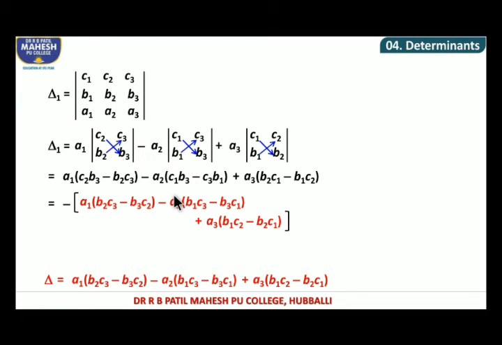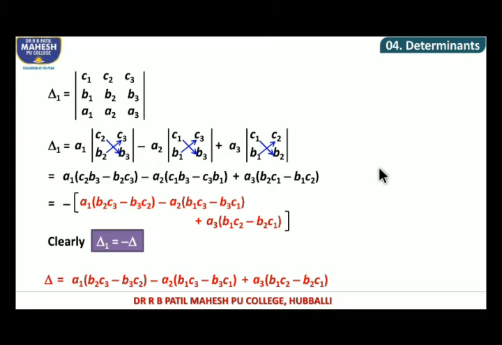Both are looking the same except this minus sign. So clearly delta 1 is equal to minus delta, because the value of delta 1 is equal to minus the value of the given determinant. So this is the verification for property number 2.